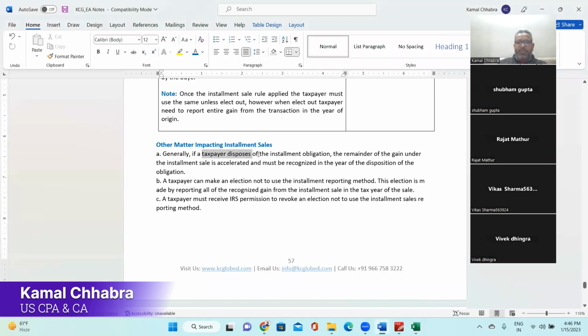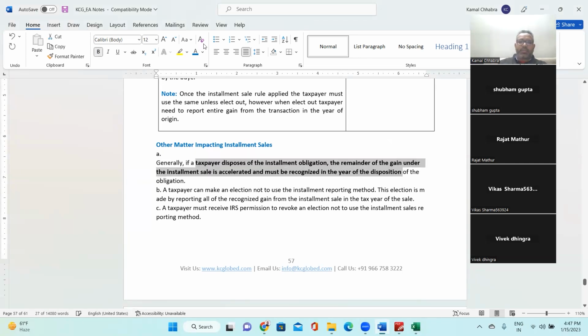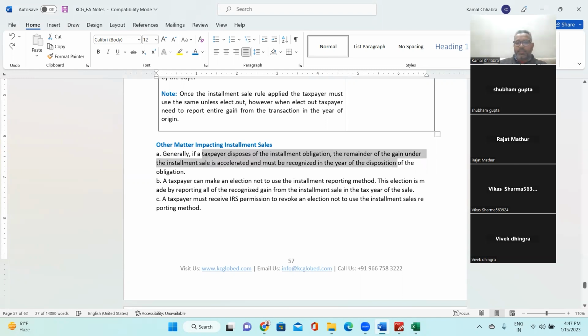If the taxpayer disposes of the installment obligation, the remainder of the gain under the installment sale is accelerated and must be recognized in the year of disposition. Does everyone agree, or do you need any more clarification?